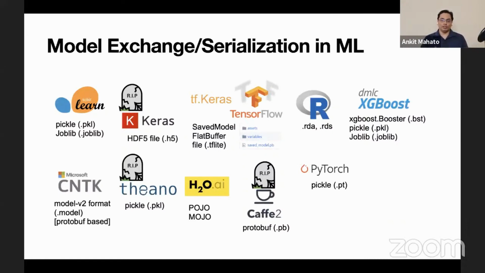For example, if you are using scikit-learn, TensorFlow or R to develop a model: in scikit-learn, you can create a pickle file or a joblib. In Keras, you can export your model in H5 format. In TensorFlow, you can use flat buffer or the saved model format. Or in R, you can create an RDA format.